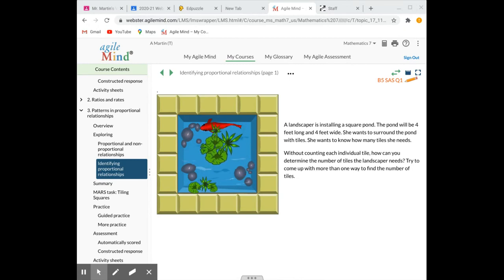Do y'all think that's a proportional or non-proportional statement? Come on, people. You ought to be able to get this pretty quick.